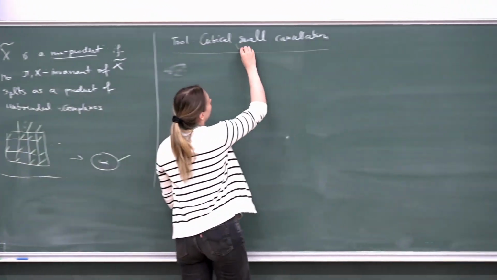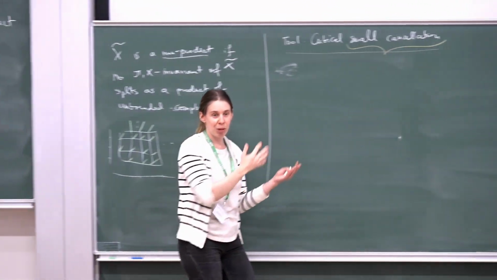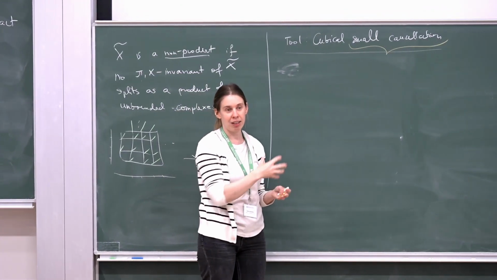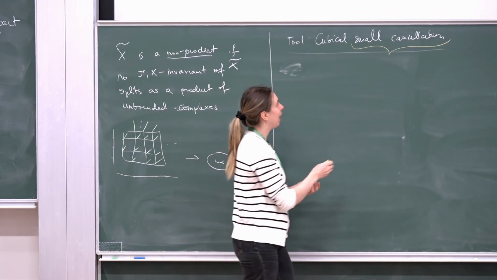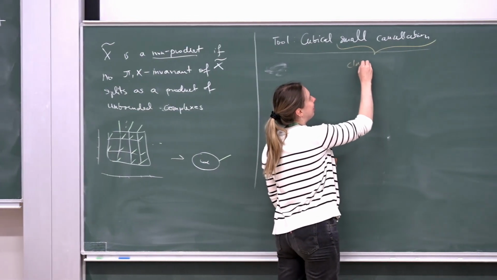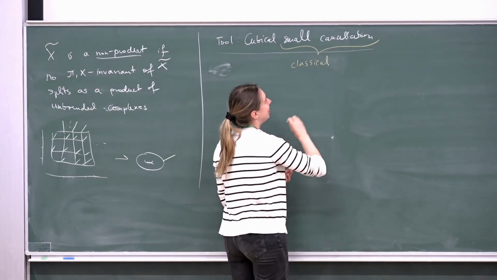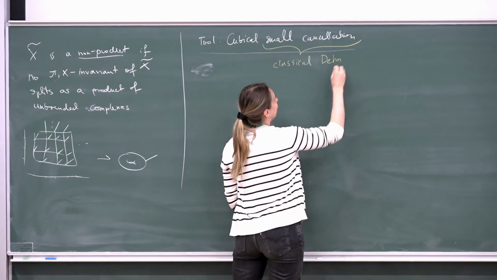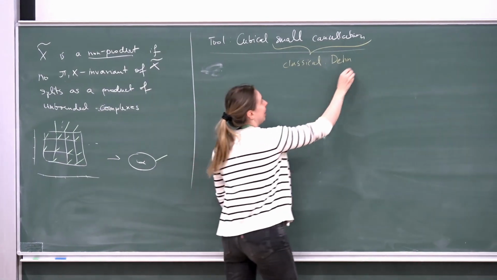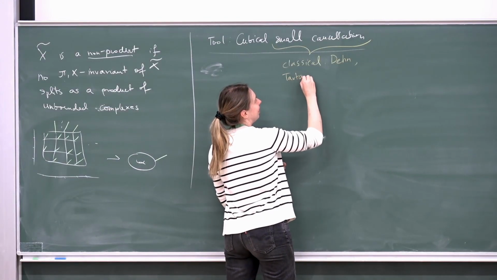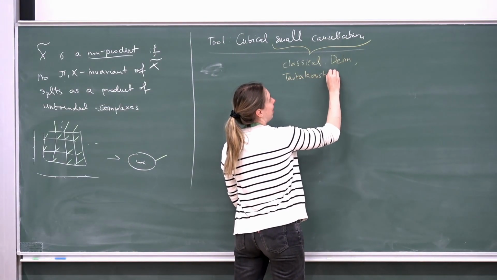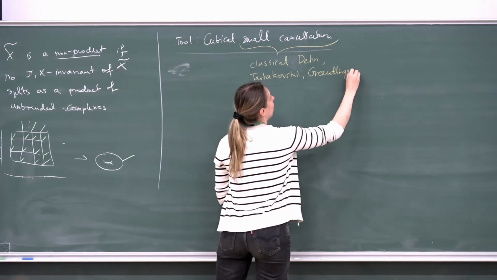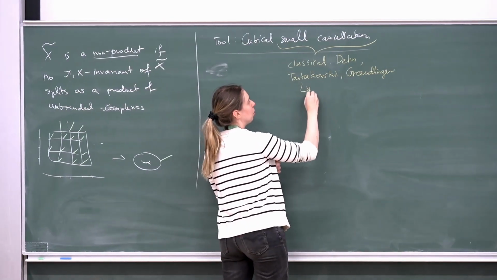So maybe starting with classical small cancellation, I'm going to tell you in parallel about notions from classical small cancellation and how they generalize to the cubical case. This is classical. It goes back to ideas of Dehn from the early 20th century, and some other names, Tartakovsky, Greendlinger, and a more geometric view due to Lyndon.